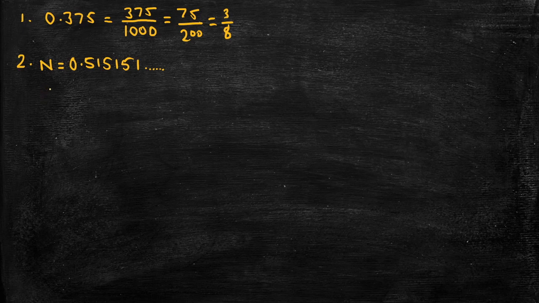One way that we can do that is by noticing that if I were to move the decimal point 2 places to the right, I would have another number that had 515151 repeating infinitely. To move the decimal place 2 places to the right, I need to multiply by 100.